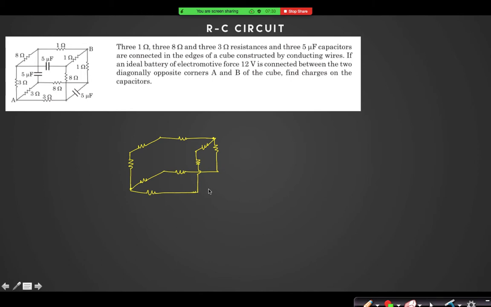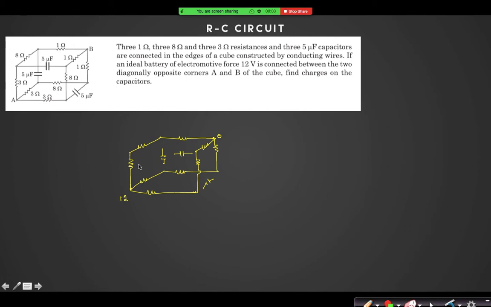Can you see only these branches will carry current and the rest 3 branches will have capacitors? So if this is 12 volt, this is 0 volt, then these 3 resistors are in series, these 3 are in series, and these 3 are in series.